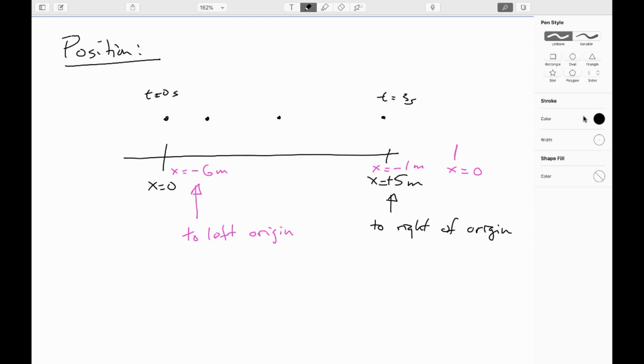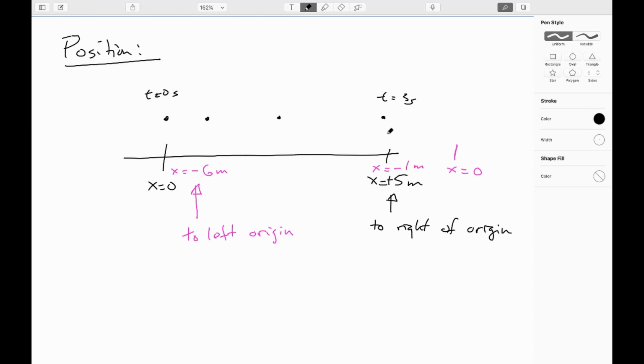We could also, in the interest of completeness, represent position with an arrow. Formally, this arrow would be called a representation of the position vector, but we don't need to get too fancy about it here.